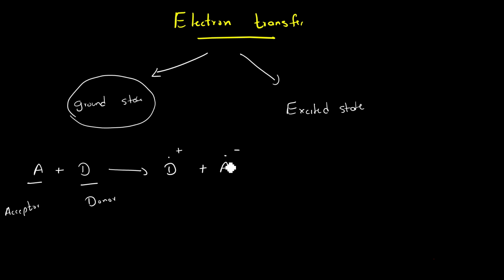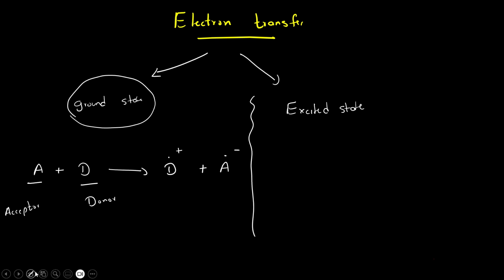Okay, just like this. Now this is the basic reaction for electron transfer in ground state, right? So no compounds have been excited into higher energy states. The whole process is performed under the ground state.